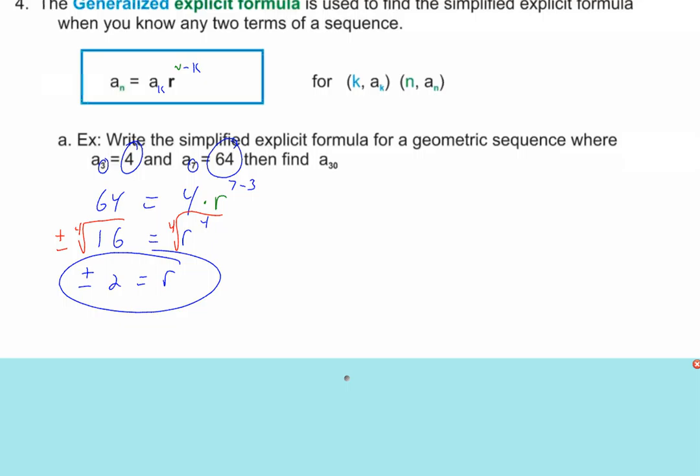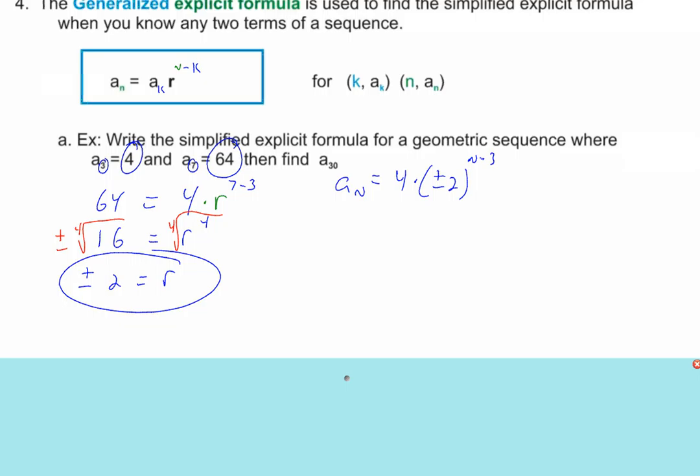So a sub n equals, in this case, a sub 1 is the earlier term, the 4, times plus or minus, the r is coming, plus or minus 2, to the n minus... and remember we use the 4 as the front term, so it's n minus 3.